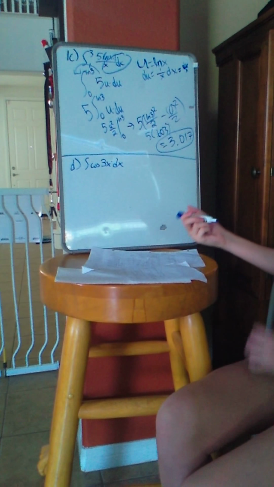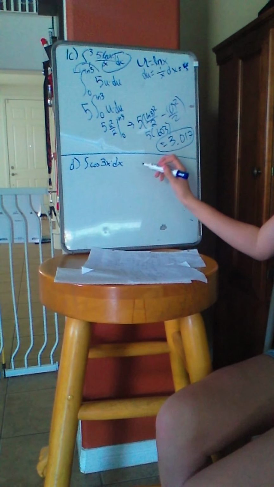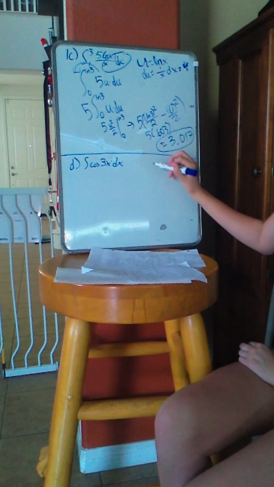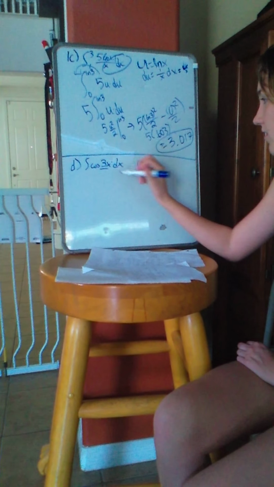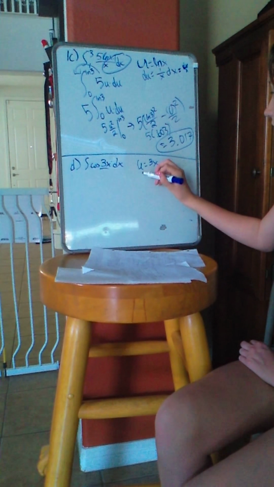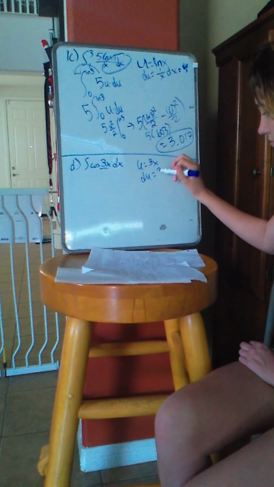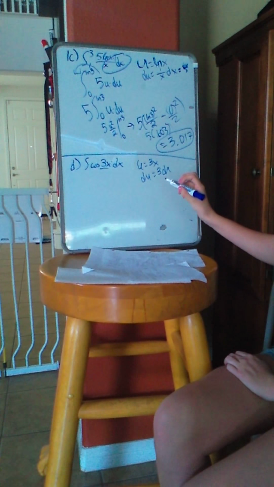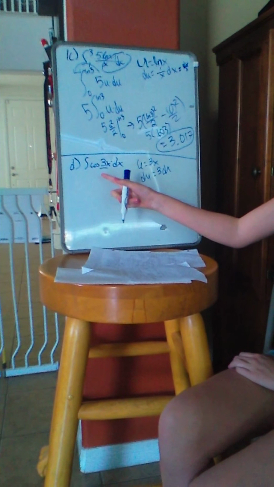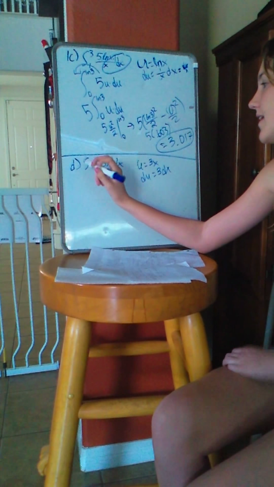And then for D, you're going to use substitution again. So u equals 3x. I'm just going to plug this in. du equals 3 dx. And there's no 3 in the integrand, so we're going to add in a 3.